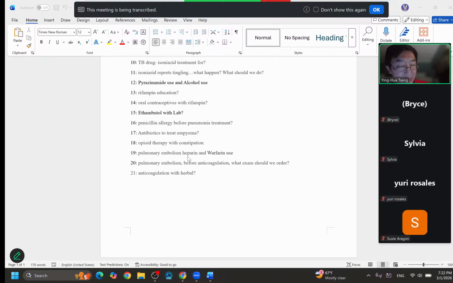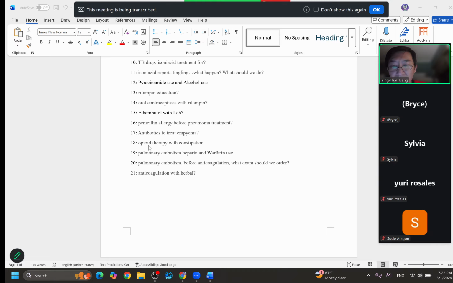The heparin kicks in first, while warfarin takes at least 5 to 7 days. So we take both medications while waiting for the warfarin effect to kick in. Then we can discontinue the heparin. Before the warfarin takes effect, we still need heparin to prevent more blood clot formation.